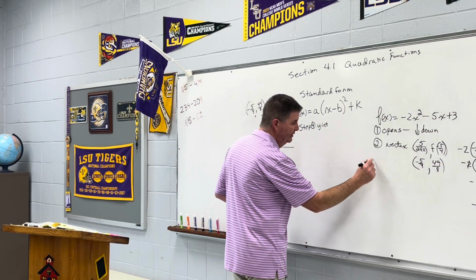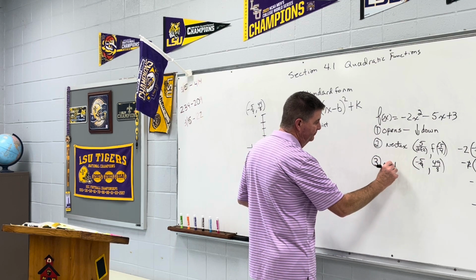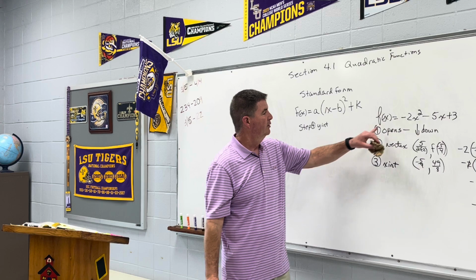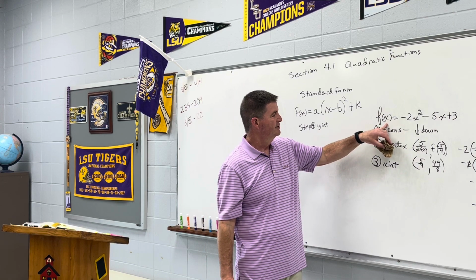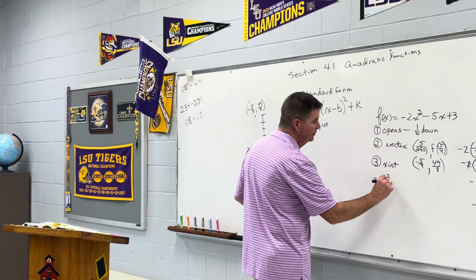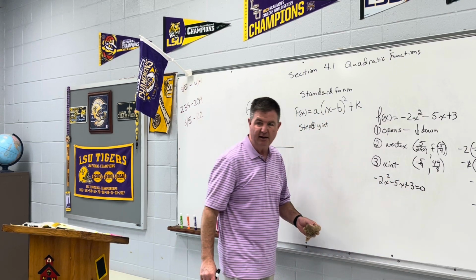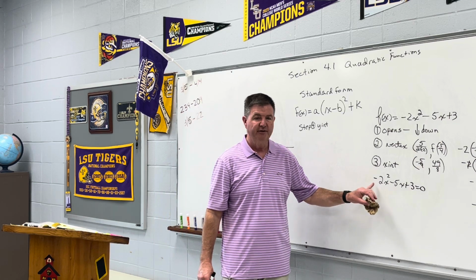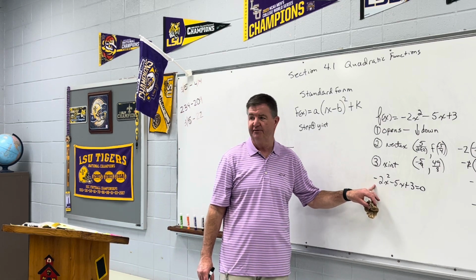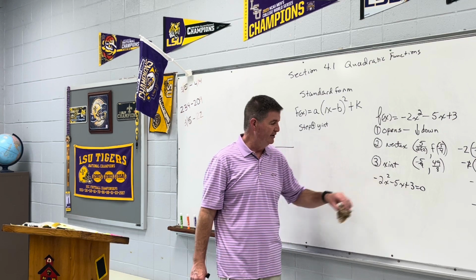So for step 3, the x-intercept, we are going to let it equal 0 and solve. So I have negative 2x squared minus 5x plus 3 equals 0. Since the lead coefficient is negative, I would prefer to just do the quadratic formula to solve it.